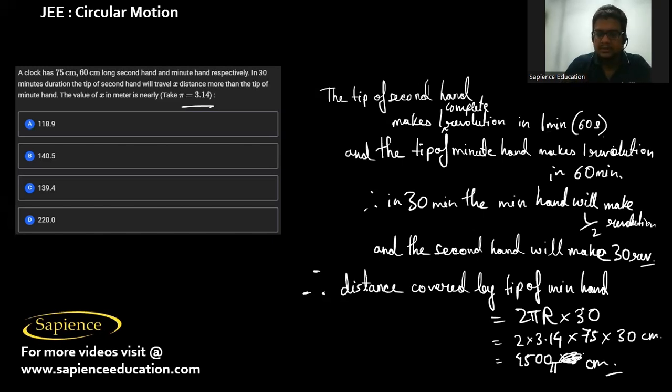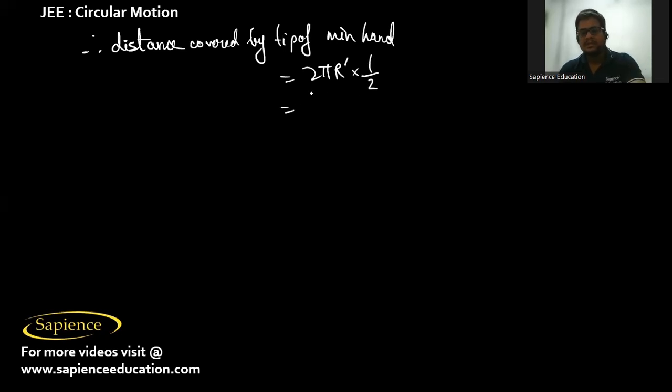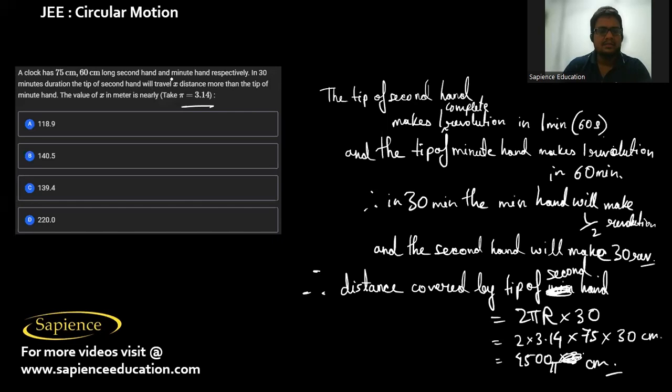This is the distance covered by the tip of the second hand. And the distance covered by the tip of the minute hand will be equal to 2 pi r dash into half. r dash is the radius of the minute hand, that is 60 centimeters.